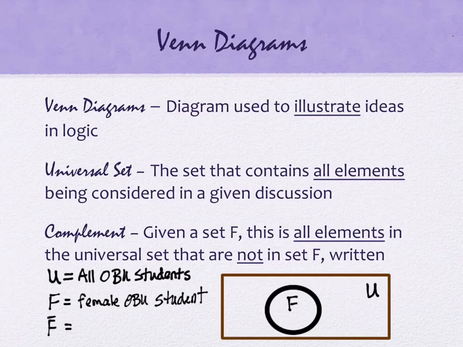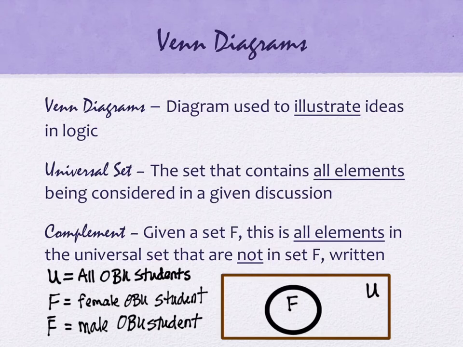So if you're talking about all OBU students and F is the female students, what would the complement of F be? Your male students, right? Still male OBU students. We're not all of a sudden dragging in Joe off the street, right? Still talking about OBU students because it still has to be in the universal set, but it's the males on the outside.